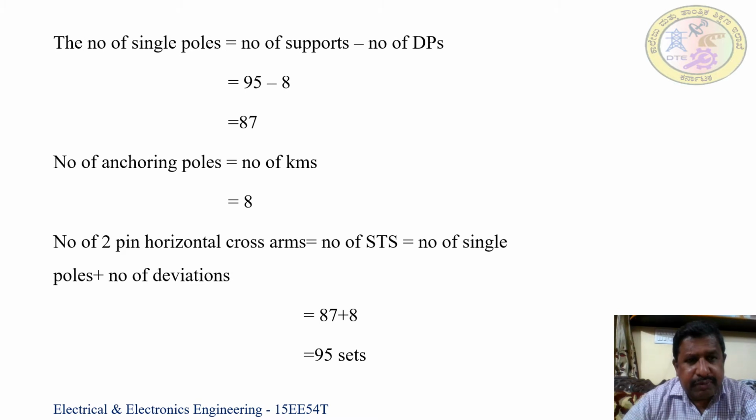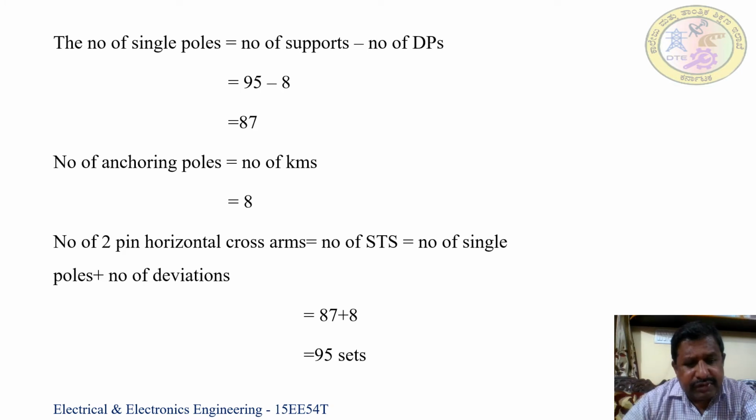Then next item is number of single poles. The number of single poles equals total number of supports minus total number of DPs. Here total number of supports is 95 and the total number of DPs is 8. So 95 minus 8 gives 87. The total number of single poles is 87.